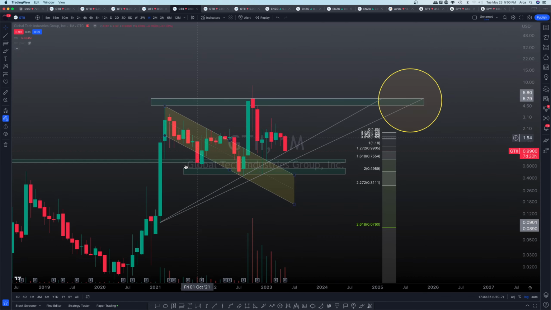But it's just the macro perspective that matters here too, right? As long as we are creating this series of macro higher lows, right, then we are essentially in a good stance. We're getting very close to closing this macro close too, 7 days and 20 hours. I mean, it feels like an eternity away, but still in relevance to the monthly time frame, 7 days and 20 hours is getting close.